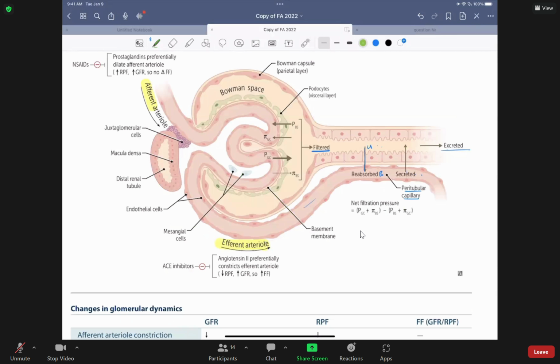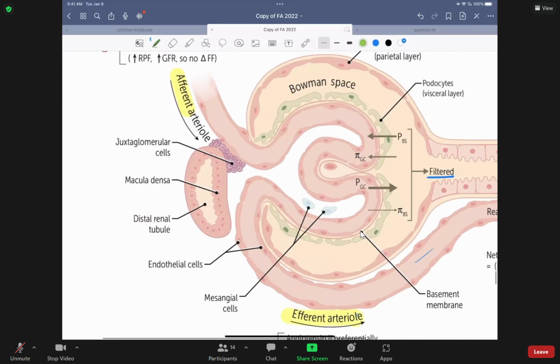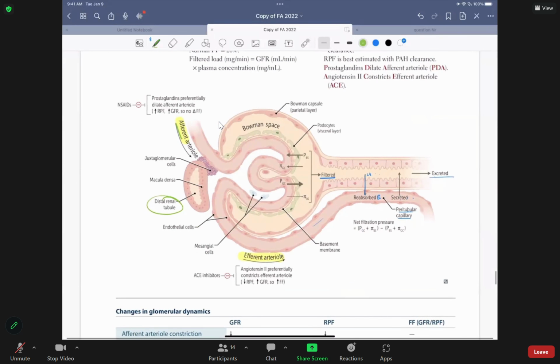Now, if you go back to this picture, look at this picture. This is your DCT. You see that the DCT is next to the afferent arteriole. DCT is always next to the afferent arteriole. Now, people get confused. How did I get DCT there? I want you to be very clear. This structure is a continuation of this.